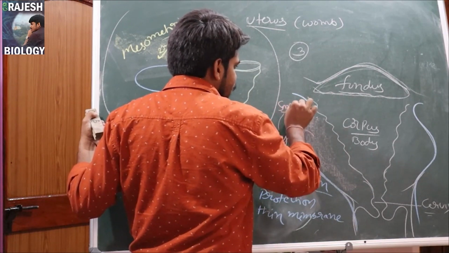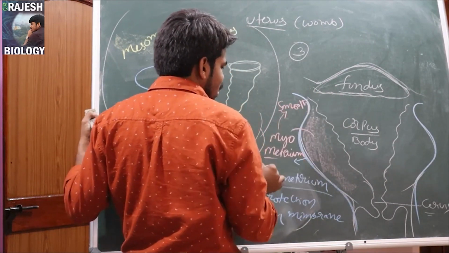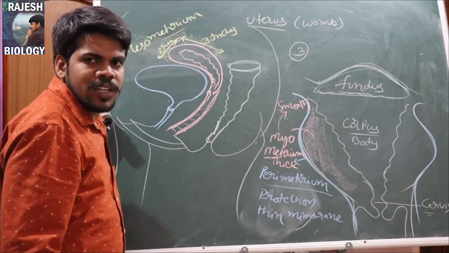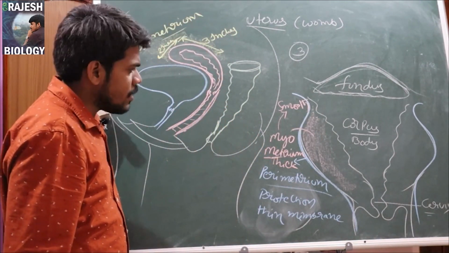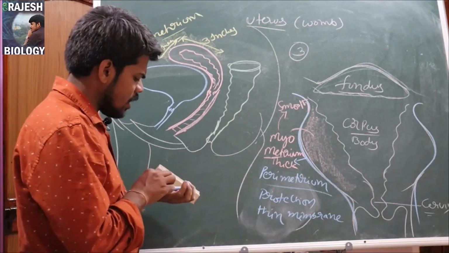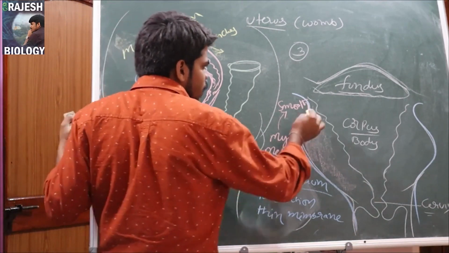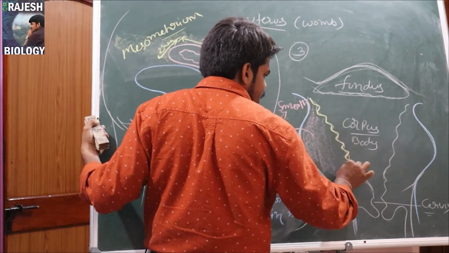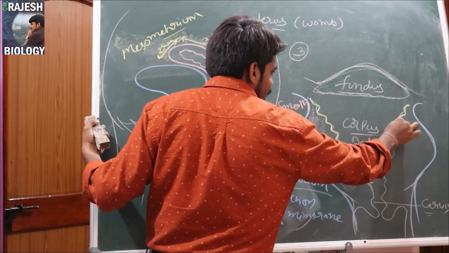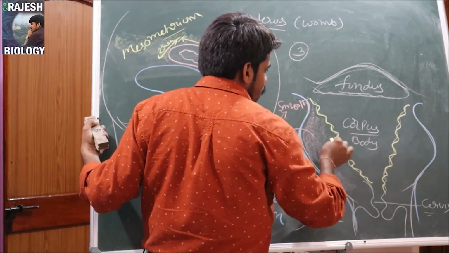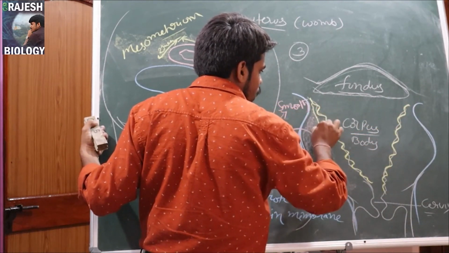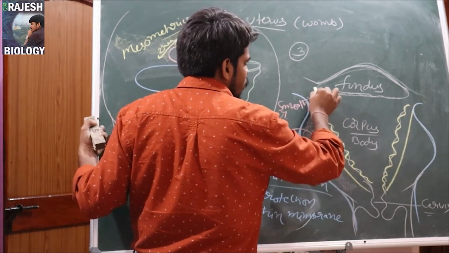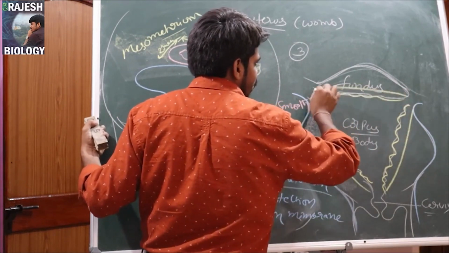Smooth muscles. It is a thick myometrium formed by smooth muscles. And last but not least, a very important layer of the uterus, the innermost glandular layer, the endometrium. It is what? Endometrium.